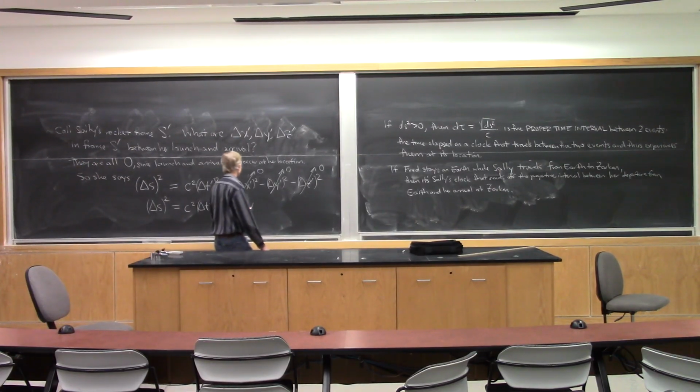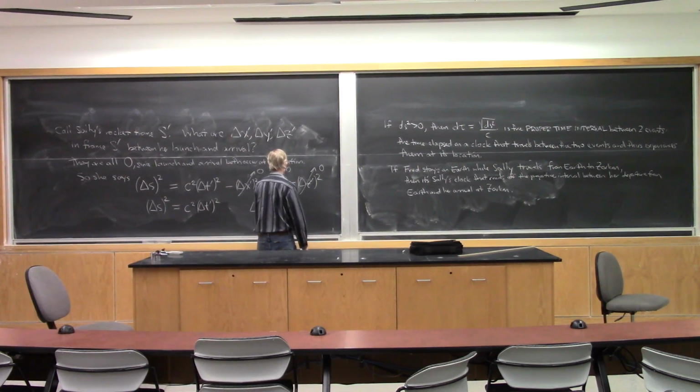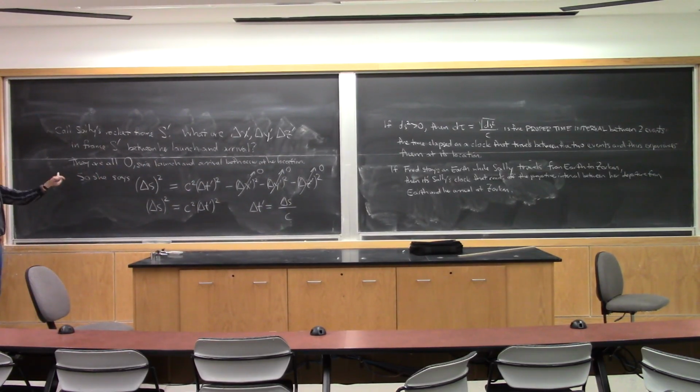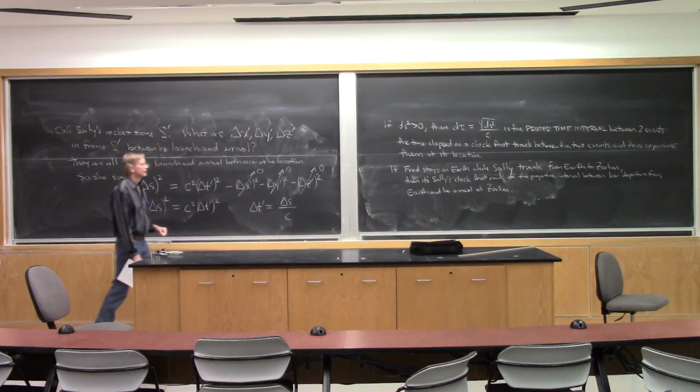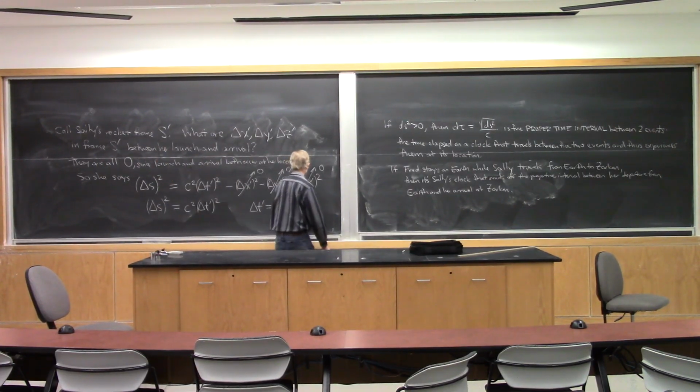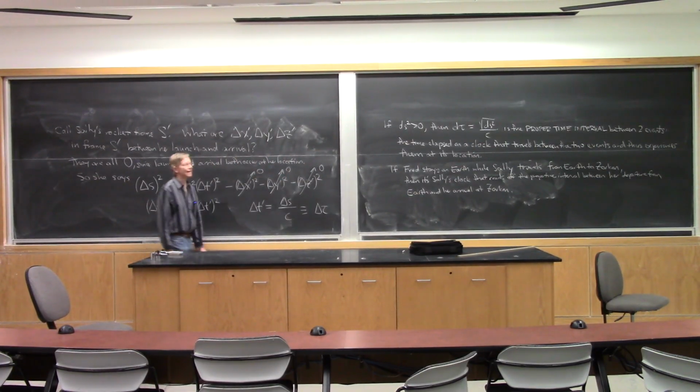So the time ticked off on her clock is delta t prime equals delta s divided by c, or the square root of delta s squared divided by c. So delta s divided by c is the time ticked off on Sally's clock, and we call a proper time interval like that between two events delta tau.